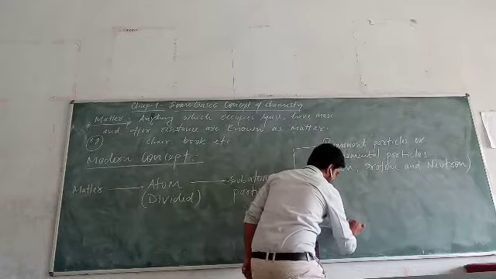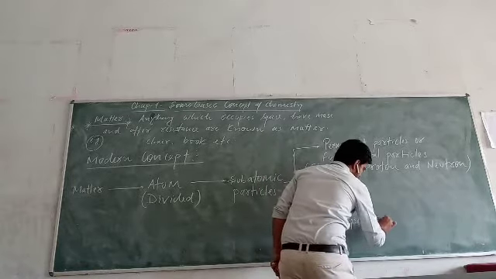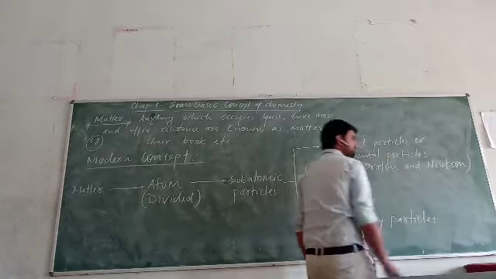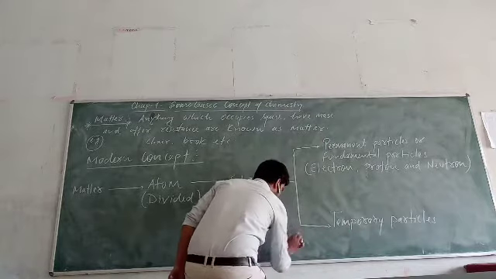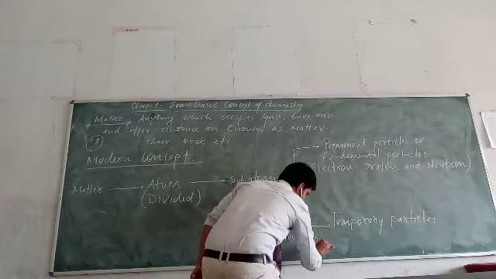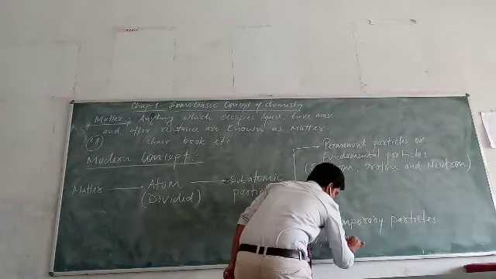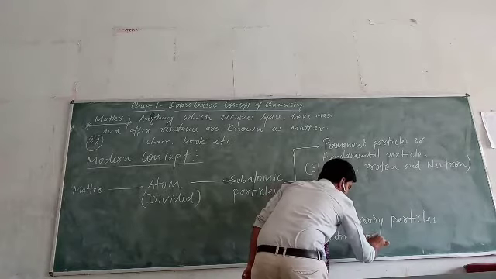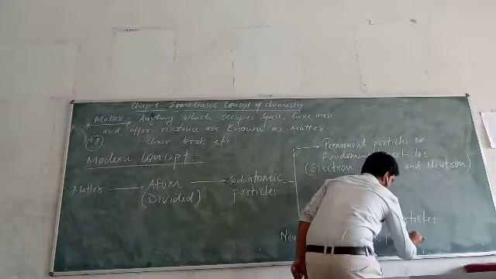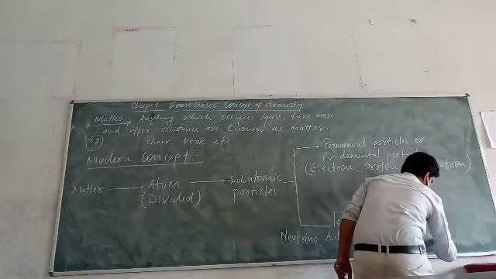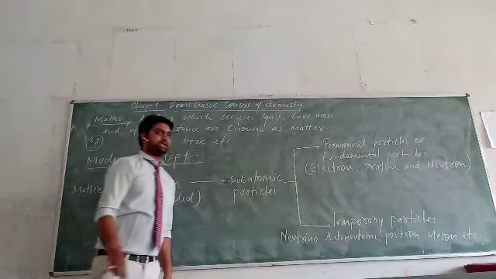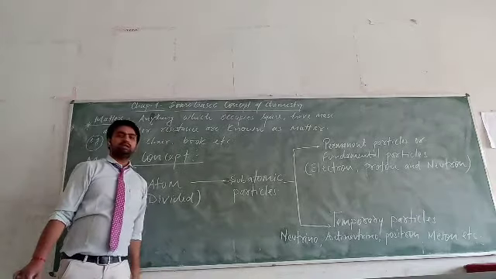The second type is temporary particles. These temporary particles are neutrino, antineutrino, positron, meson, etc. These are all temporary particles which are also present inside the atom.